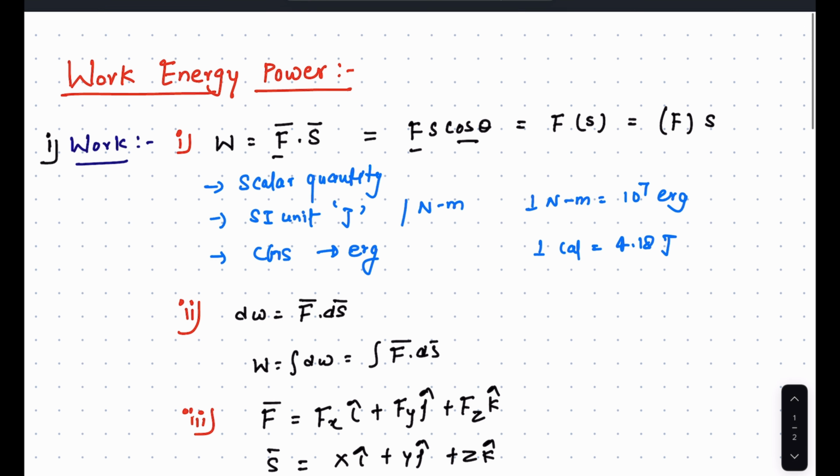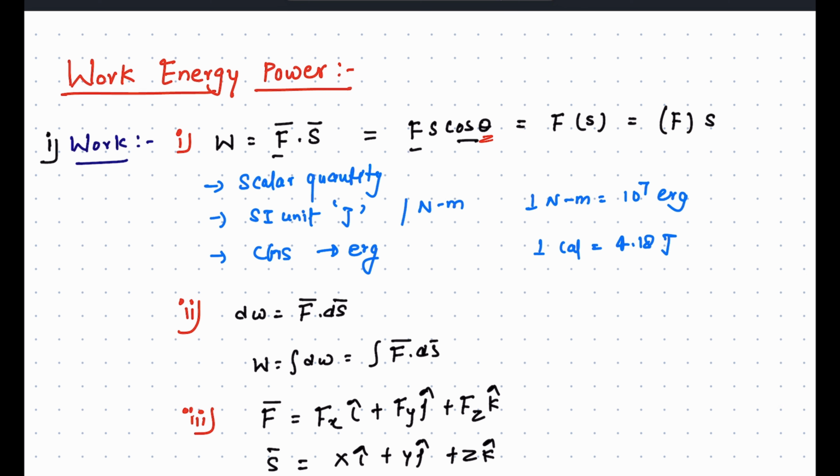From here we can say that cos theta decides whether the work done is going to be negative or positive. If theta is greater than or equal to 0 and less than 90 degrees, then the work done will be a positive value.